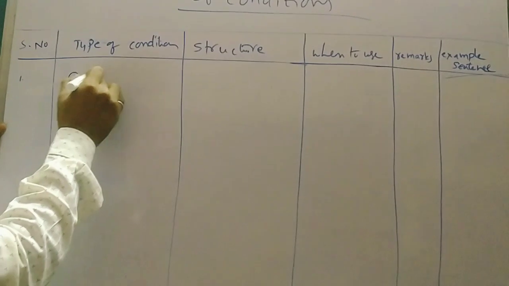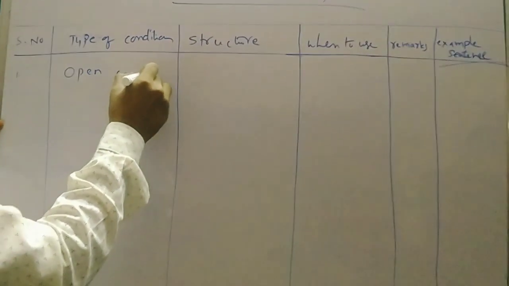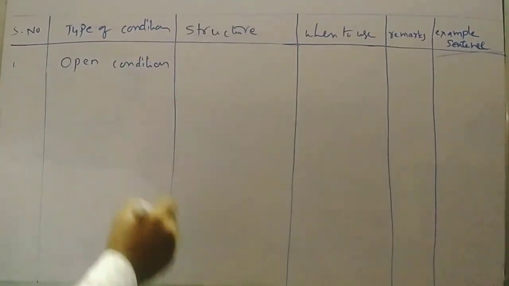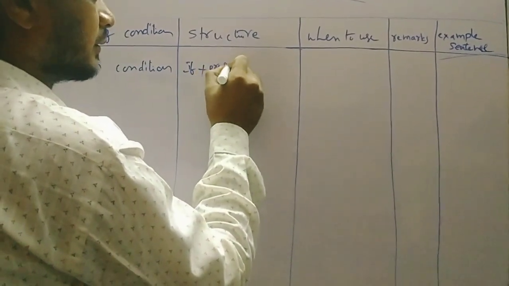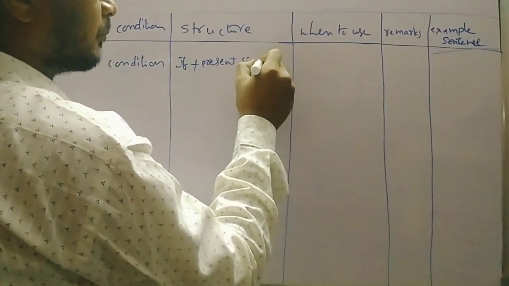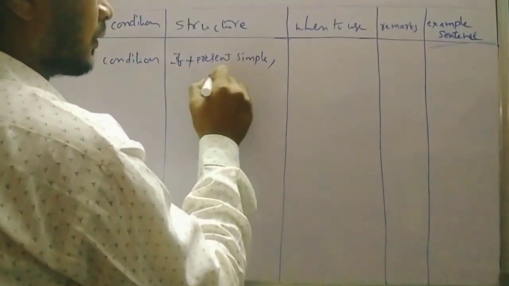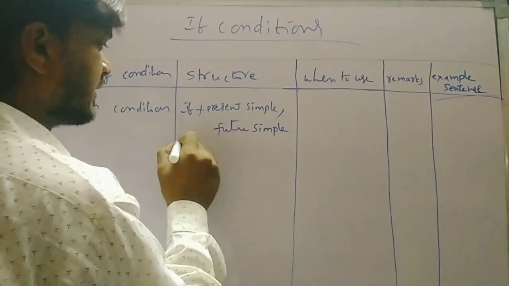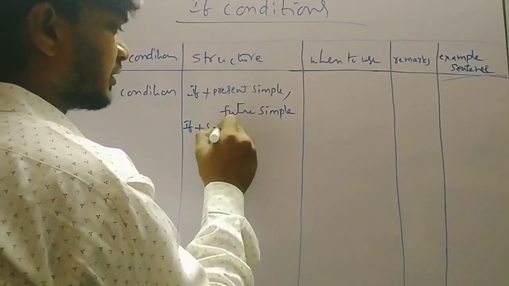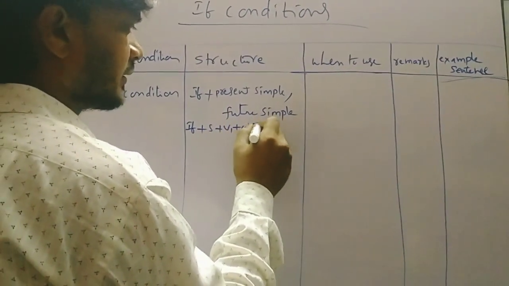Yes, see here, the very first one is open condition. Structure is if plus present simple, comma, future simple. Present simple structure is if plus subject plus V1 plus object.